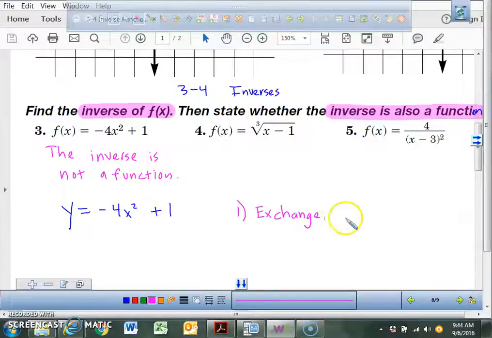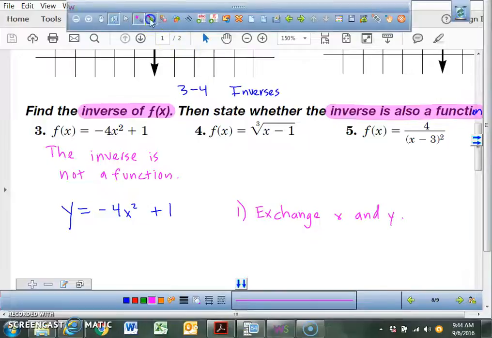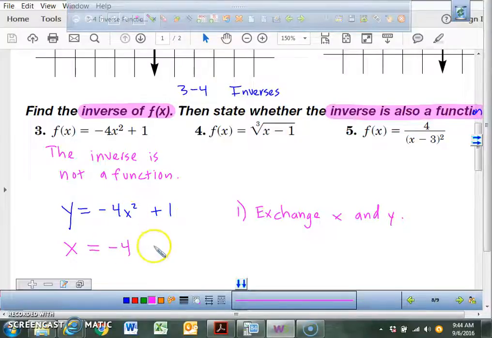So instead of y equals, I'm going to start out and put x equals. Instead of x squared, I'm going to put y squared. That's the very first step when you're trying to find an inverse.